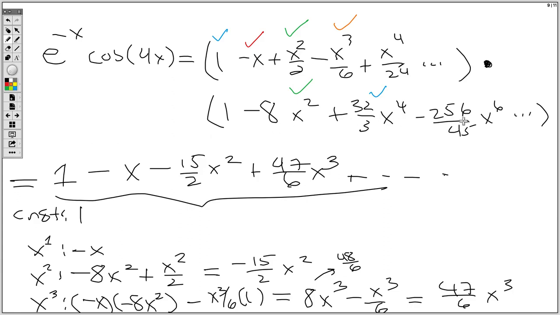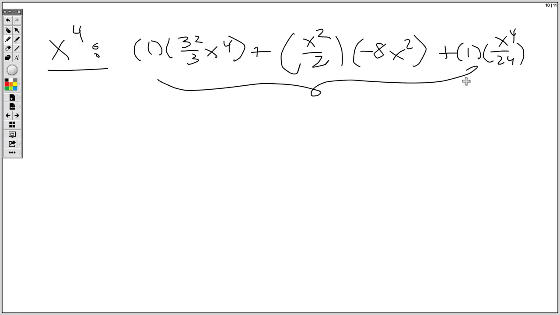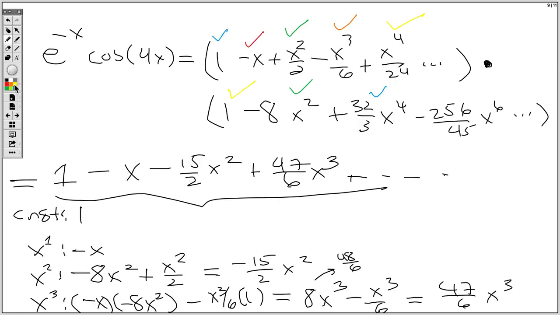Can I multiply x cubed by any of these things and get an x to the fourth? Nope. But I can with x to the fourth. And then combining all of these together would give me whatever x to the fourth. So you see how we're doing this, folks, now? Is that good?